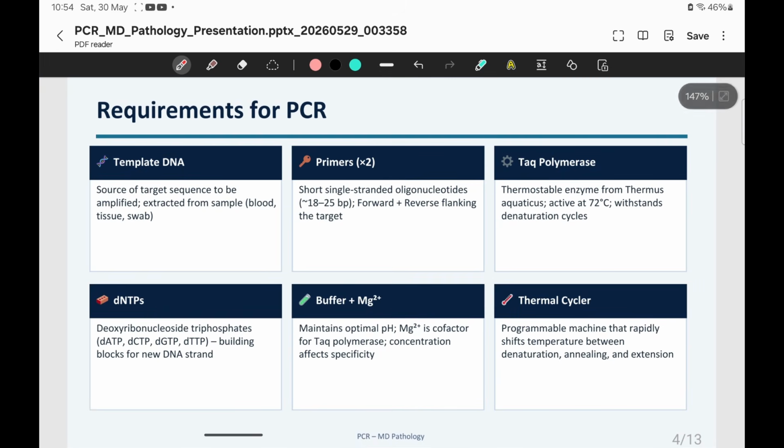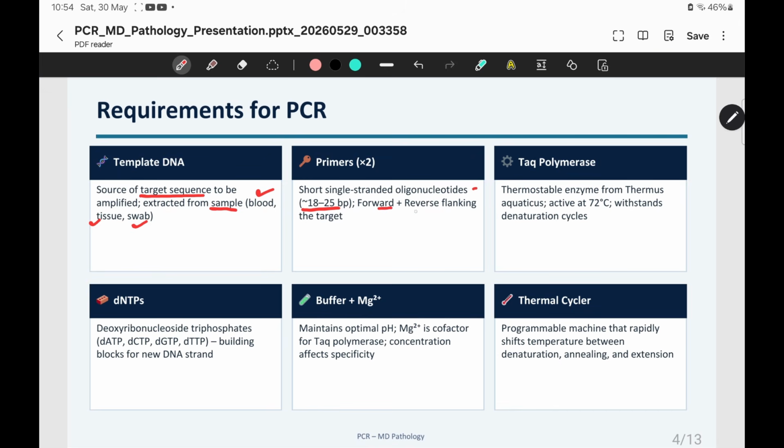So what are the requirements for PCR? PCR requires a sample. It may be a blood or a tissue or a swab sample. It is the source of the target DNA sequence to be amplified. And we also need two primers. The primers are short single-stranded oligonucleotides, which are around 18 to 25 base pairs long.